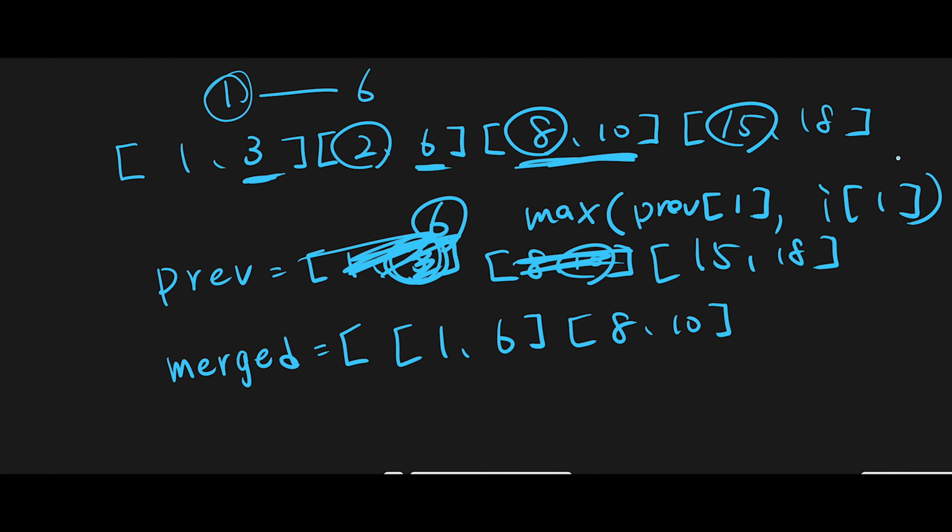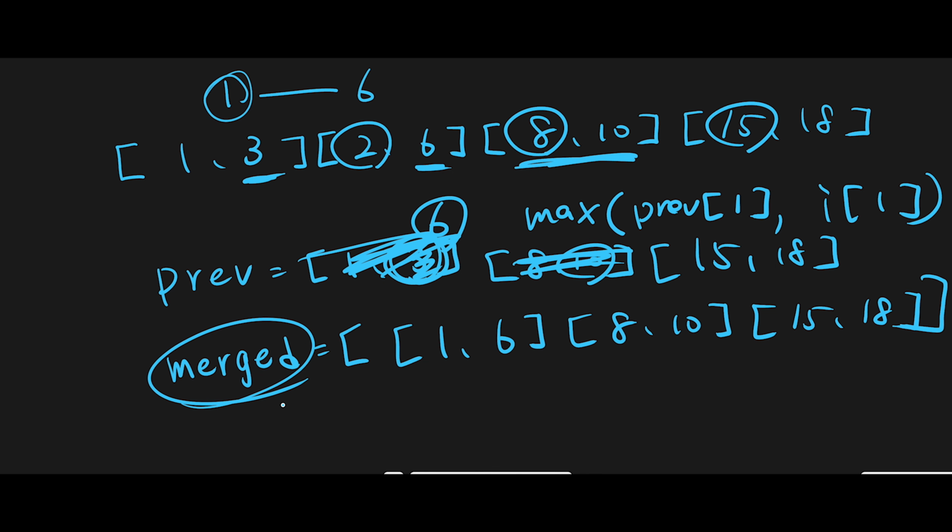Then we finish the iteration, but we have to add 15, 18 to the merged list. So before we return the list, we append 15, 18 to merged, and then all we have to do is return the merged list. That is the basic idea to solve this question.